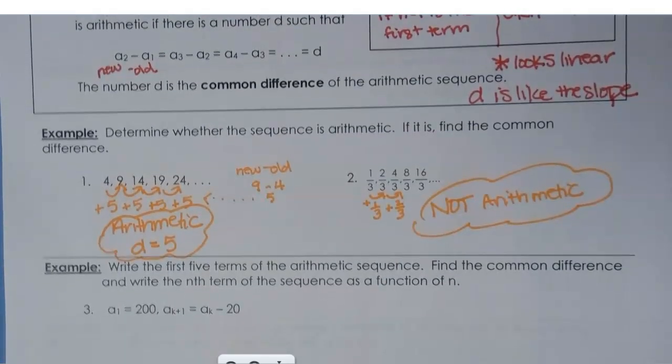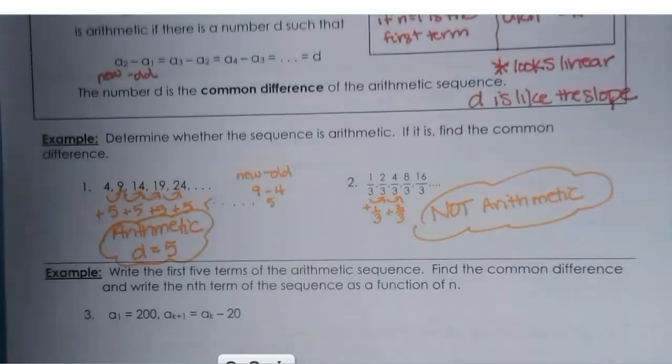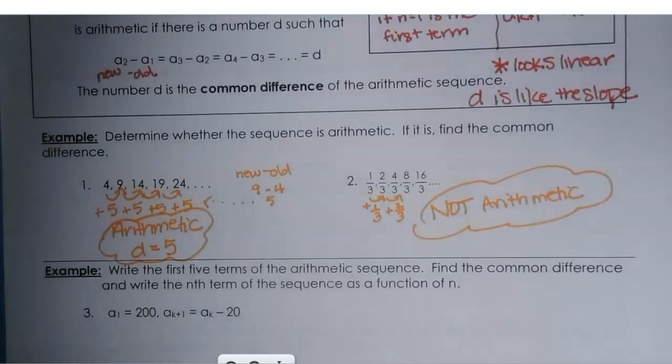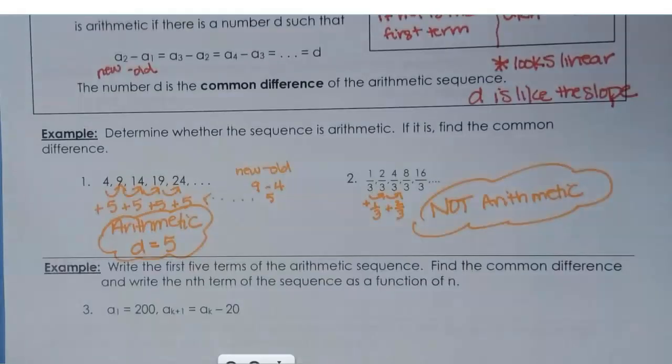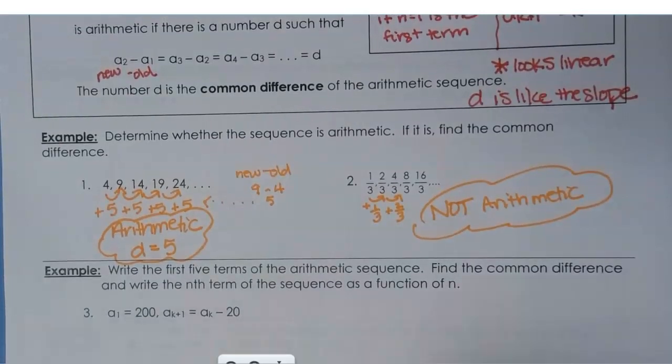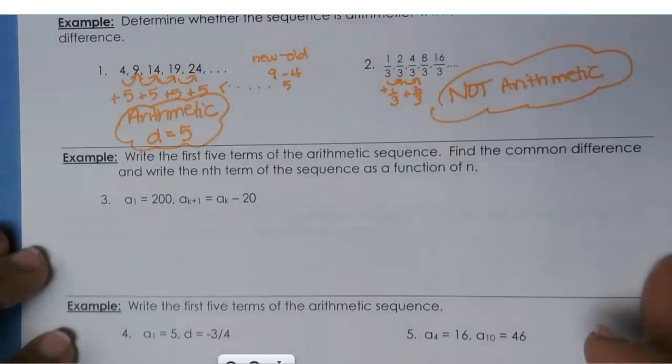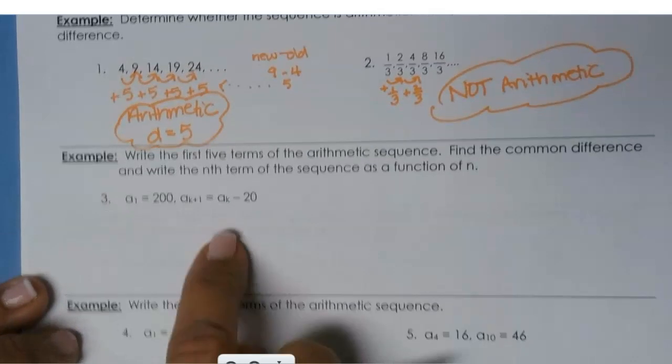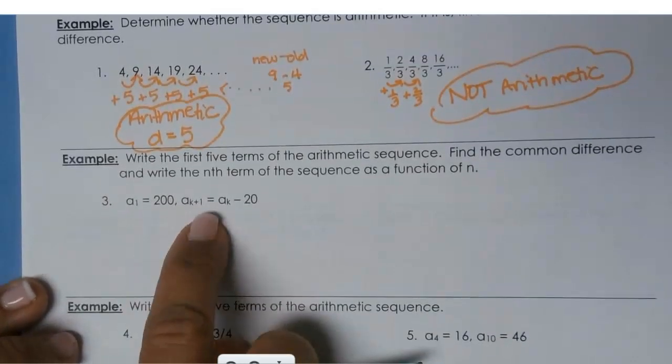So now let's actually write the first 5 terms of the arithmetic sequence, and then we're going to find the common difference and write the nth term of the sequence as a function of n. Notice in this example, they gave us not an explicit formula, but a recursive formula.